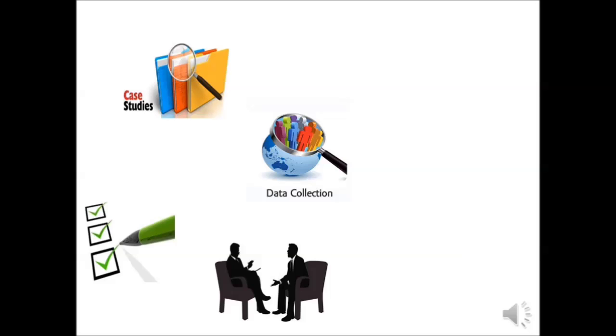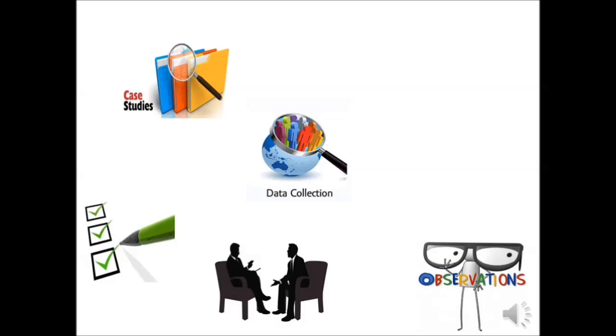Observation. Sometimes, the best way to collect data is through observation. This can be done directly or indirectly, with the subject knowing or unaware that you are observing them. You may choose to collect data through continuous observation or via set time periods depending on your project. You may interpret data you gather using the following mechanisms.